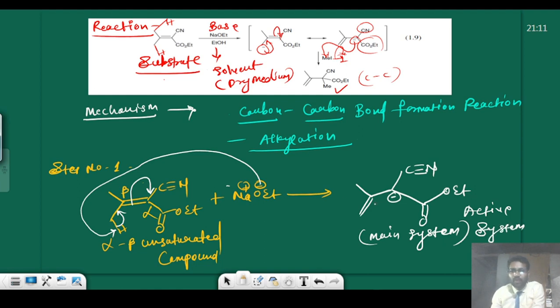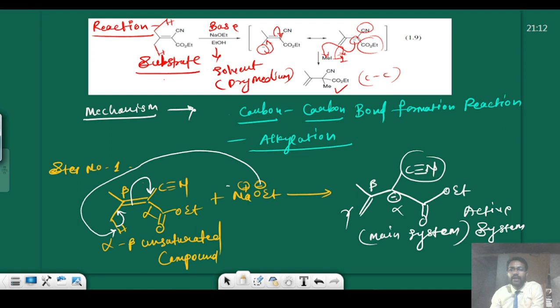Alkylation will not take place from the beta or gamma carbon. This is the alpha position, this is the beta position, and this is the gamma position. Alkylation will take place from the alpha position, because the alpha position is the most active in nature, as it is adjacent to the 2 electron withdrawing groups. So it cannot move further, and it can't do the alkylation from the gamma side.